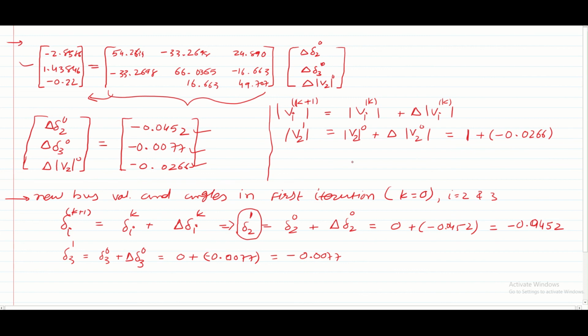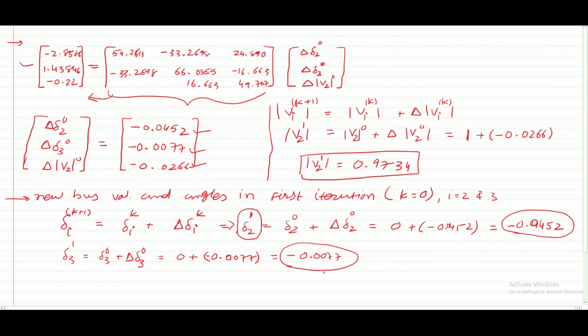So the final answer for the magnitude of V2, means voltage at bus number 2 after the first iteration, is 0.9734 per unit. Okay, so this is your final answer after the first iteration for delta 2, delta 3 and V2. I hope you have cleared.